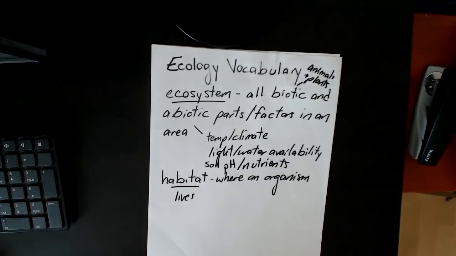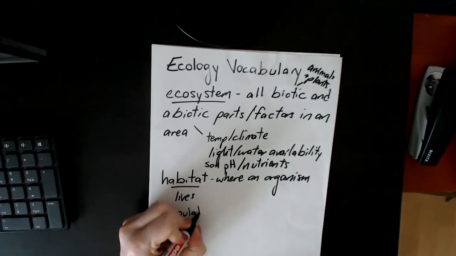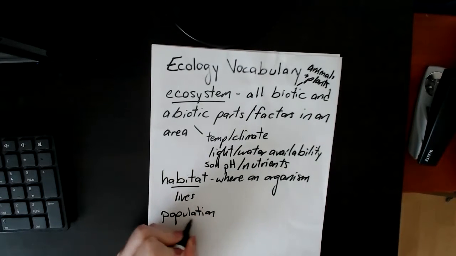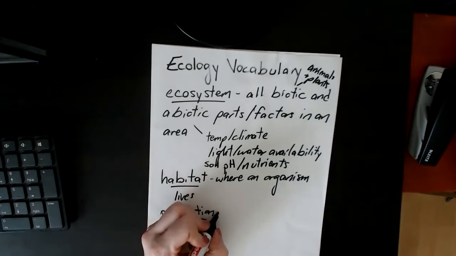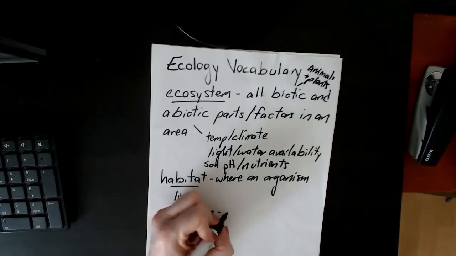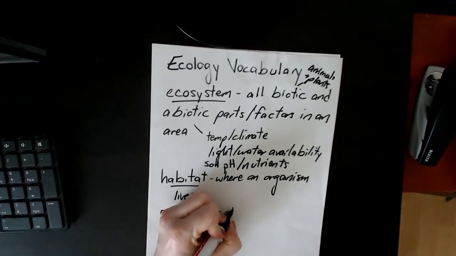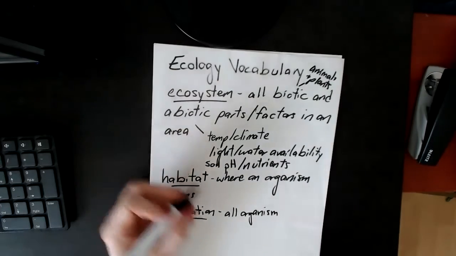Right. And then the other thing you can hear is a population. And you need to make sure that you understand the difference between a population and a community. All right. So a population is all organisms of a certain species. Okay. So all individuals from a certain specific species that are present within a certain ecosystem.